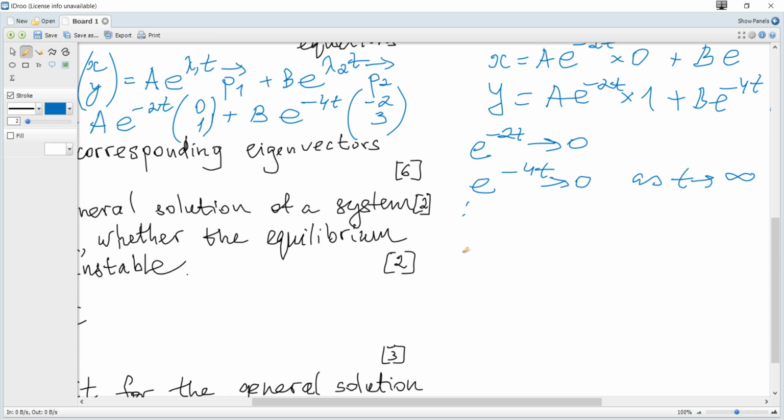And you may guess that when e is to a positive power and tends to plus infinity as time increases, such a system will be unstable.